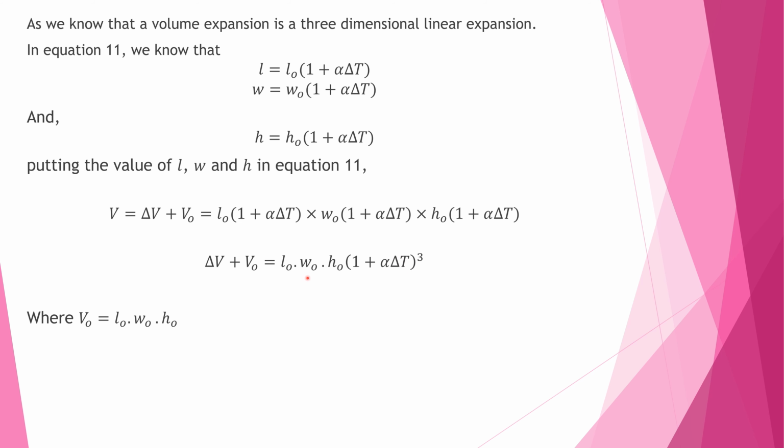This L naught, W naught, H naught is the original volume of the cube. So the equation changes to delta V plus V naught is equal to V naught into 1 plus alpha delta T to the power 3. I mark it as equation number 12.